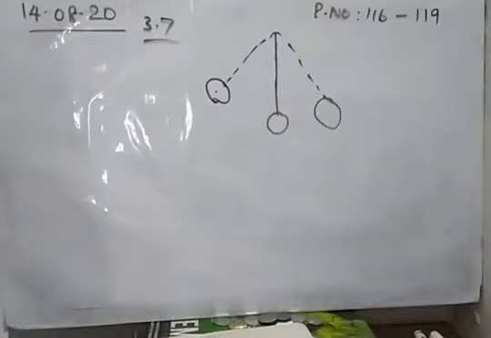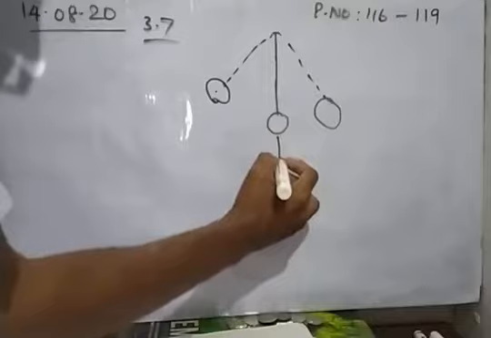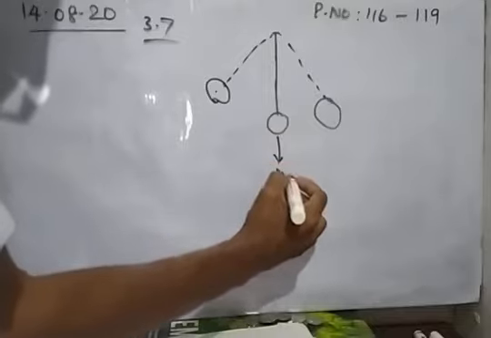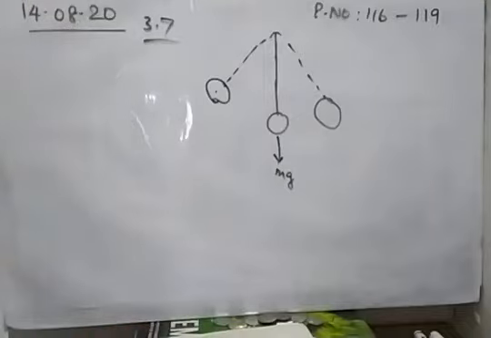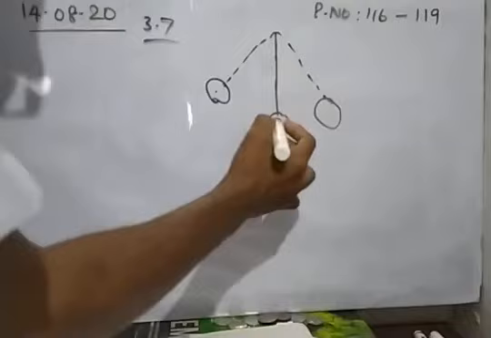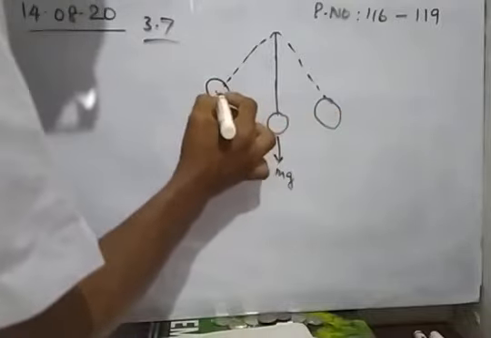The forces acting on the bob are, first, the gravitational force mg. If m is the mass of the bob and g is the acceleration due to gravity, then the gravitational force acts vertically downwards, not only at the mean position but for all the positions.